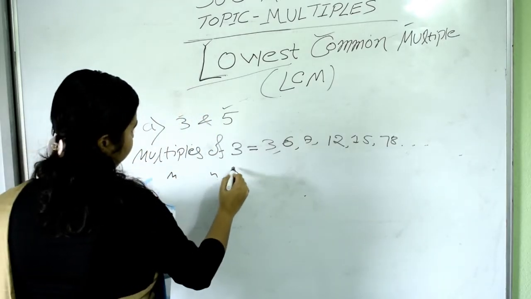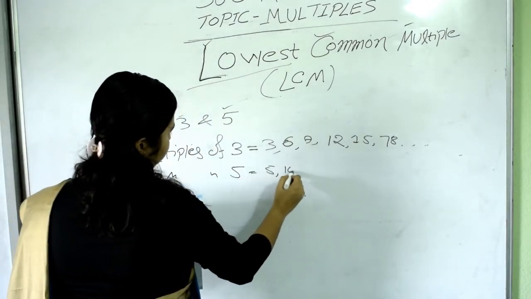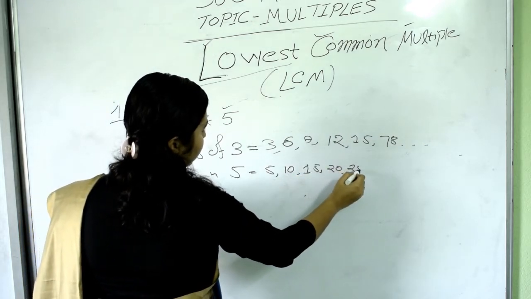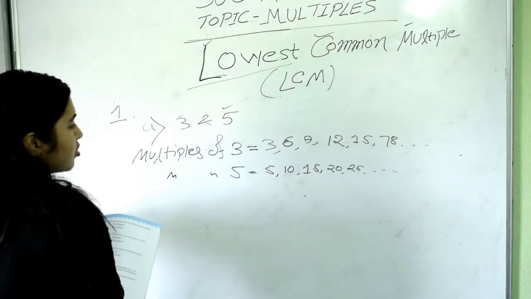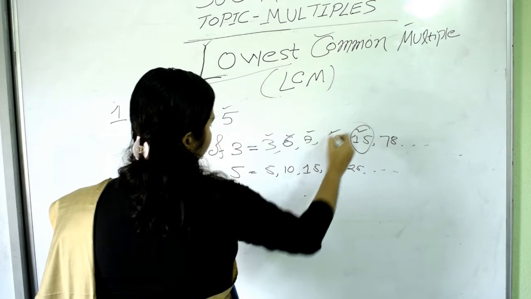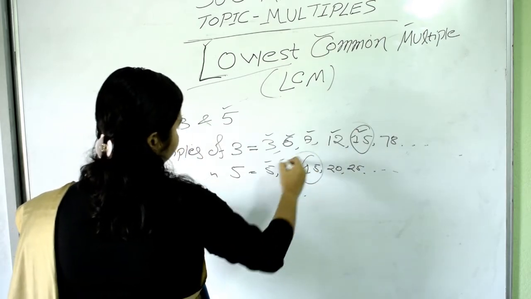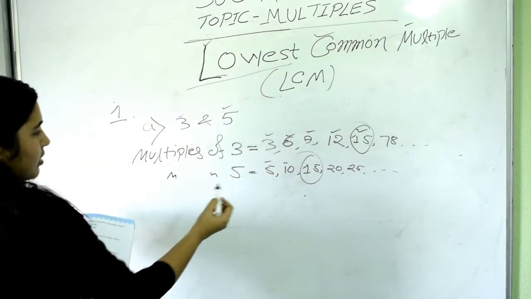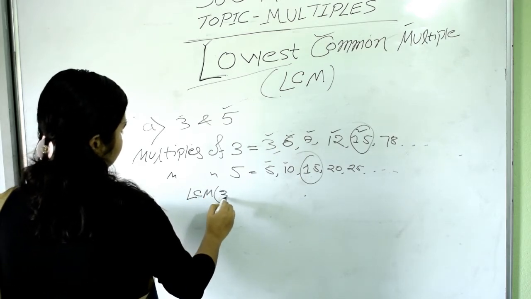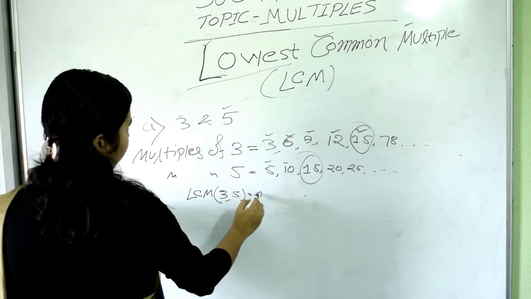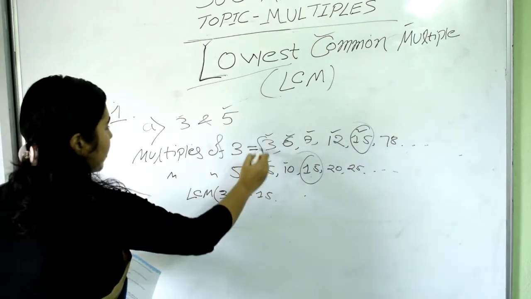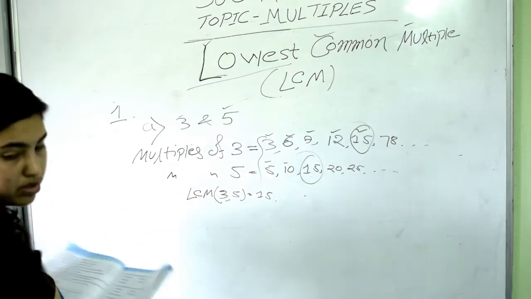Multiples of 5, and so on. So the first common multiple of 3 and 5 is 15. So the LCM of 3 and 5 is 15.